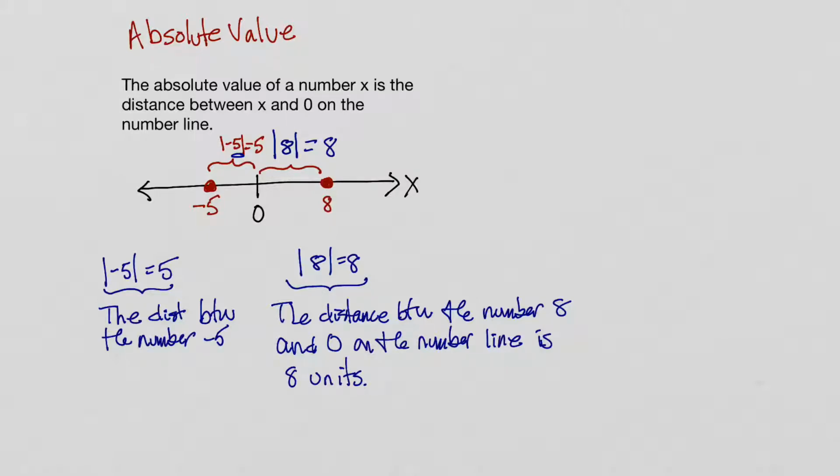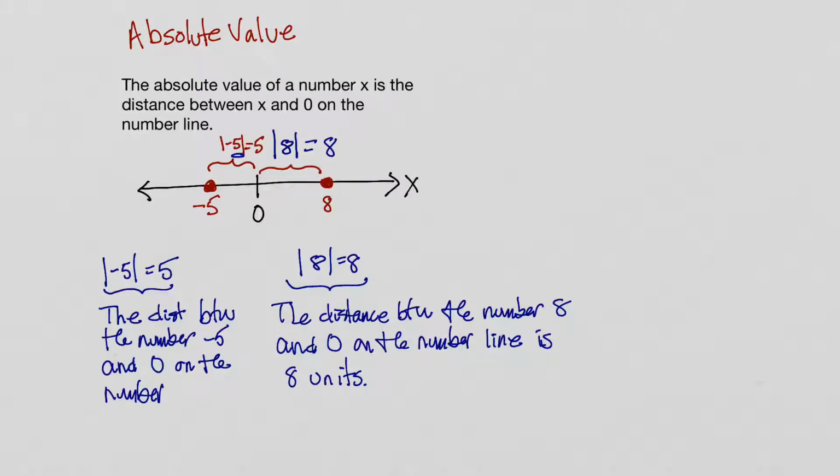That's the number that we see inside. So as soon as you see the absolute value bars, think distance. The distance between the number inside, -5, and 0, that's our home base, and 0 on the number line.